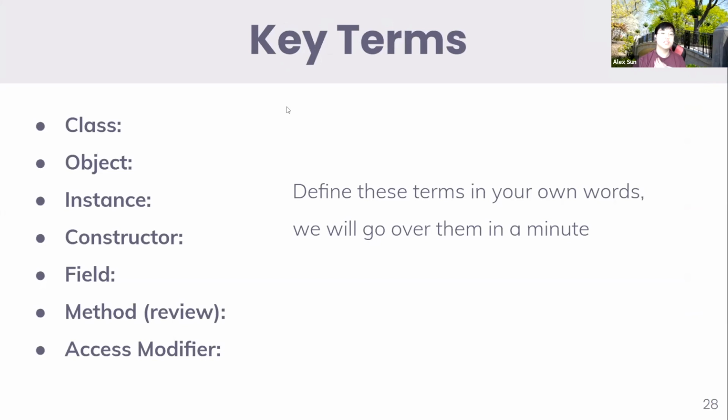Key terms. These are always helpful. All right, let's take a few minutes to define these words in our own terms. This is something you do every week. Gets kind of boring, but that's okay. So let's take a couple minutes. I'd like you to write down the definitions, but you don't have to. Just think about them. Please note down any that you do not understand, because these are big fancy words that are actually really confusing.